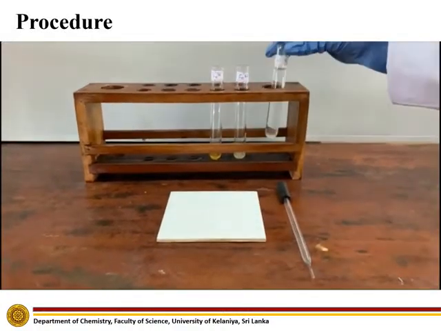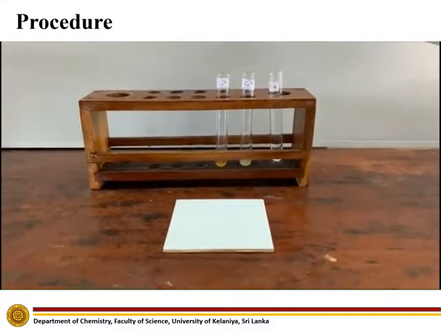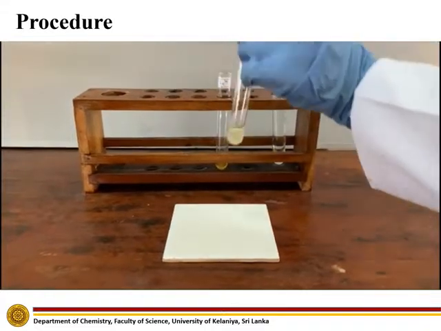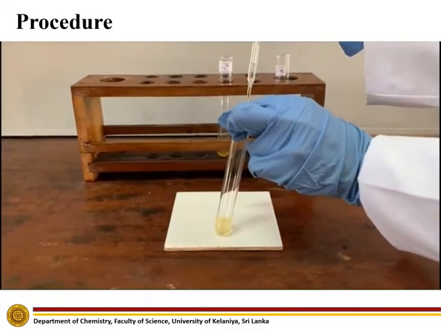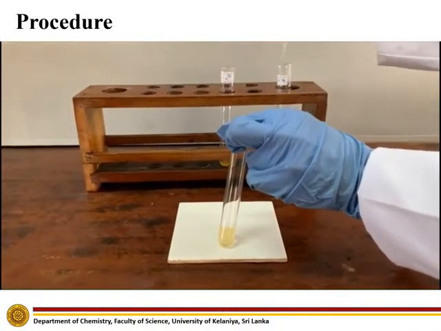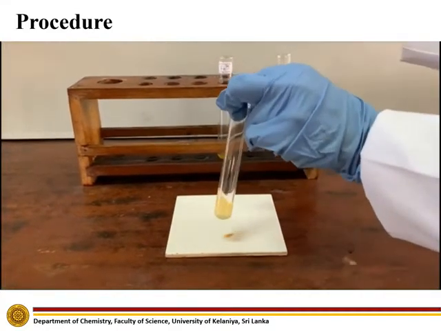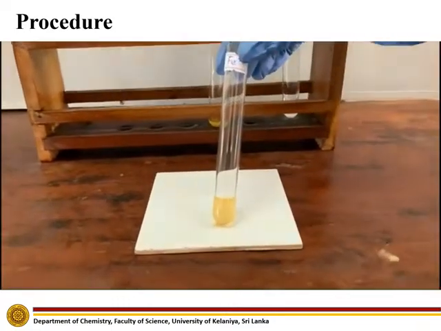Procedure: add potassium thiocyanate or ammonium thiocyanate to the given ferric and ferrous solutions. No change will be observed in the ferrous ion solution.